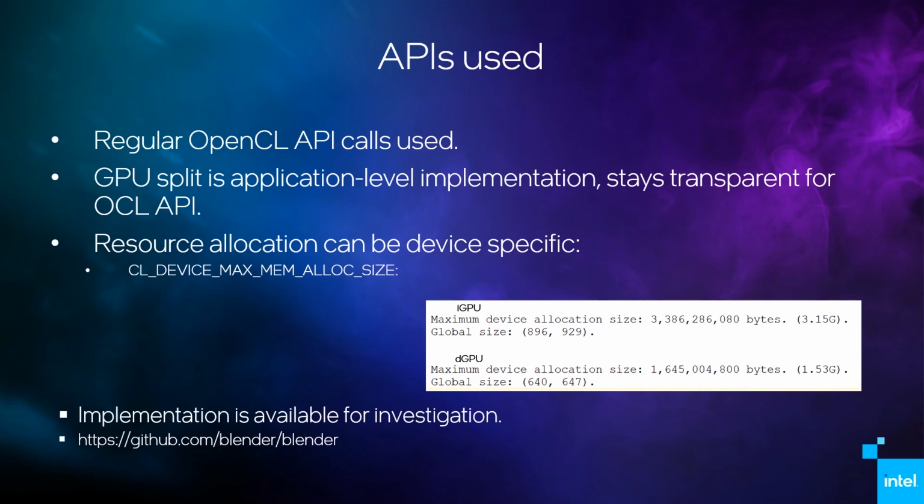One of the resource allocations is device specific, so it does take advantage of an OpenCL attribute, in this case CL device maximum alloc size, to understand how much you can allocate on a particular device, and that's something you may have to factor in. What the bottom right shows is that there was a difference between what you see in the integrated GPU for being able to allocate an object versus the discrete GPU.